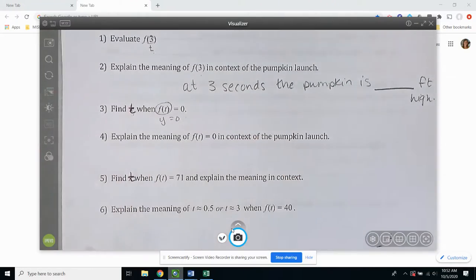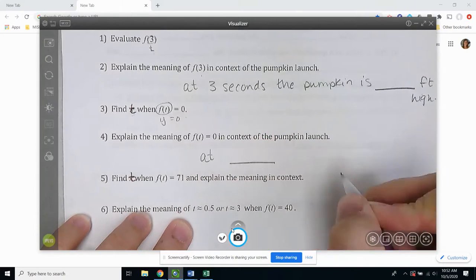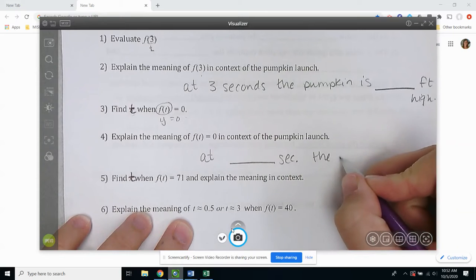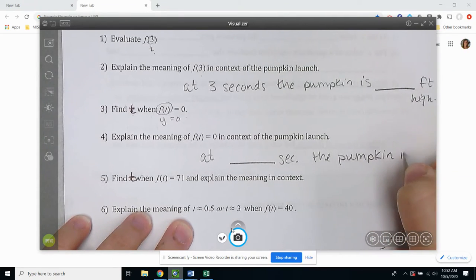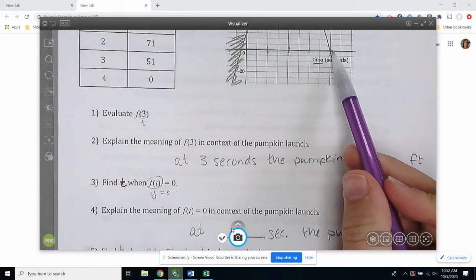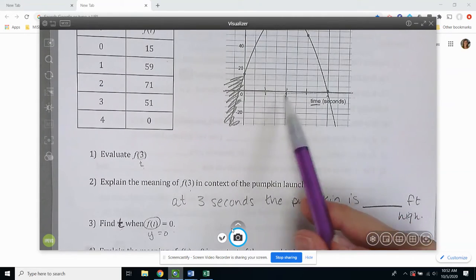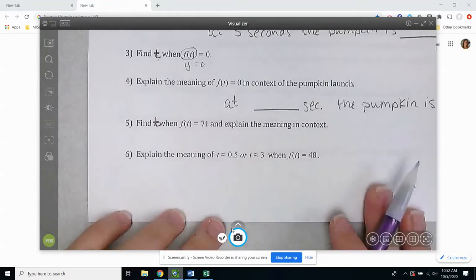So this is saying, I'm going to have you fill in the blanks again. So at blank seconds, the pumpkin is how high? Is blank. And if you notice, well, where is it? It's on the ground. So after blank seconds, your pumpkin is on the ground.